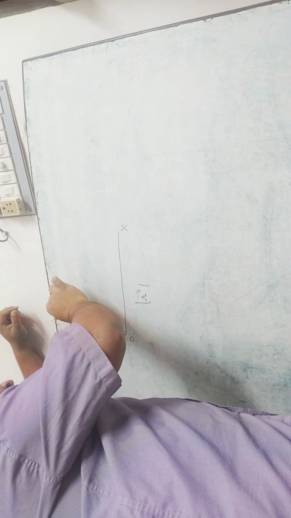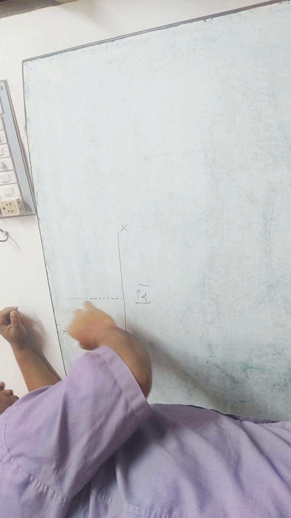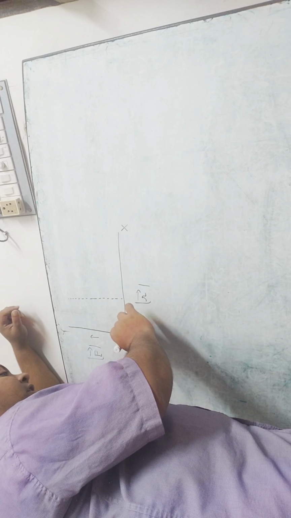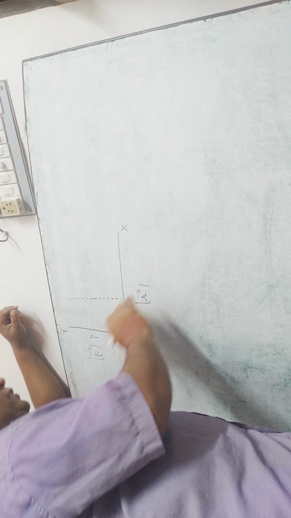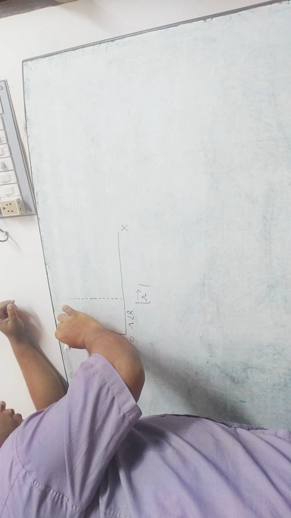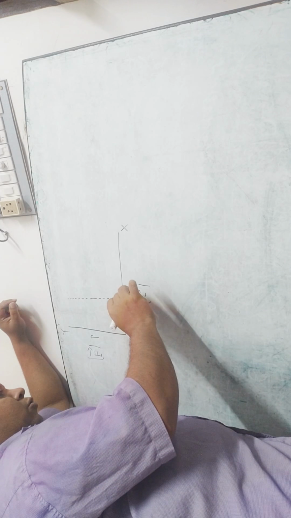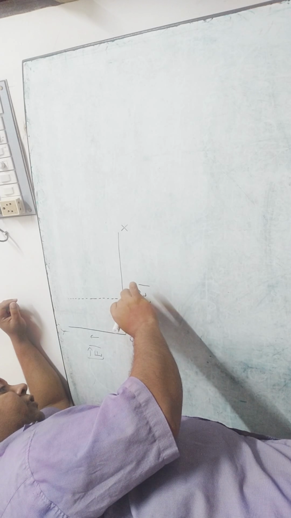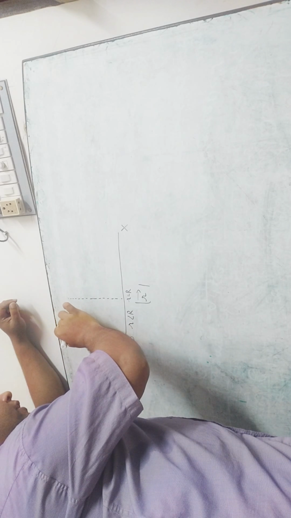We know that inside the hollow sphere there is no electric field. Therefore, when small r is less than capital R, there is no electric field. On the surface of the charged sphere, there is maximum electric field, that is E0.